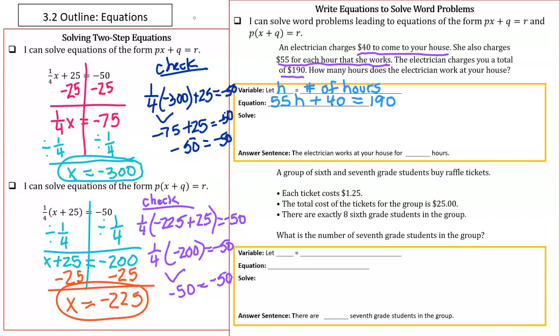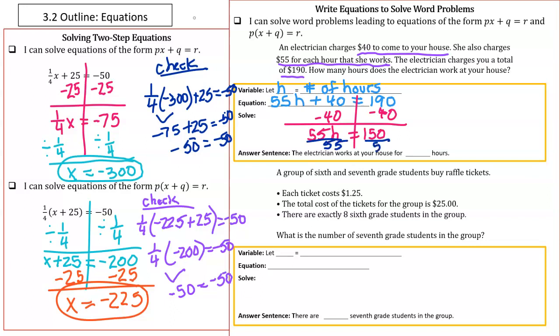We will solve this by drawing a line through our equal sign, subtracting 40 from each side, which gives me 55h equals 150. And then the last thing I will do is divide by 55 on both sides.